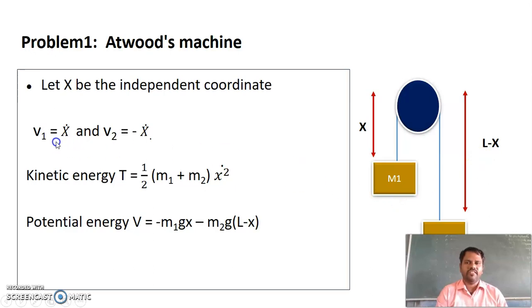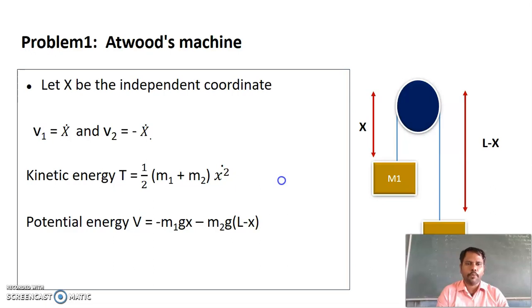Let v1 equal x dot be the velocity of mass m1, and v2 equal minus x dot be the velocity of mass m2. Then the kinetic energy of the system of the two masses is T equals (1/2)(m1 plus m2) x dot squared.